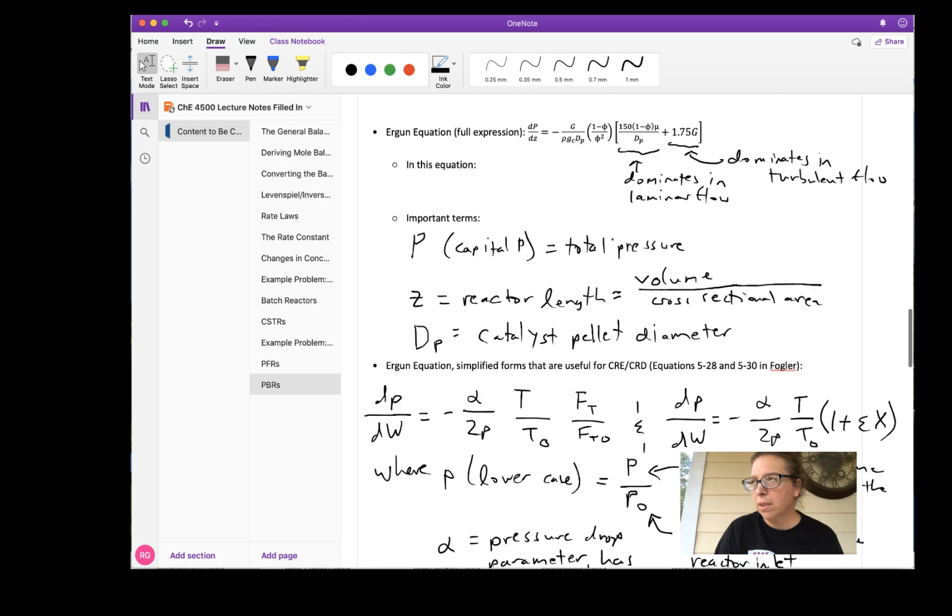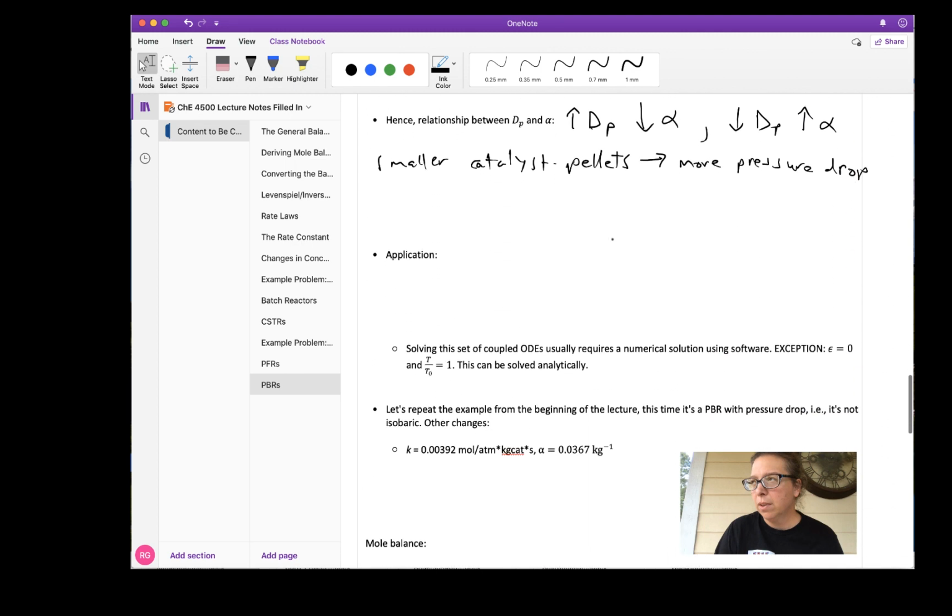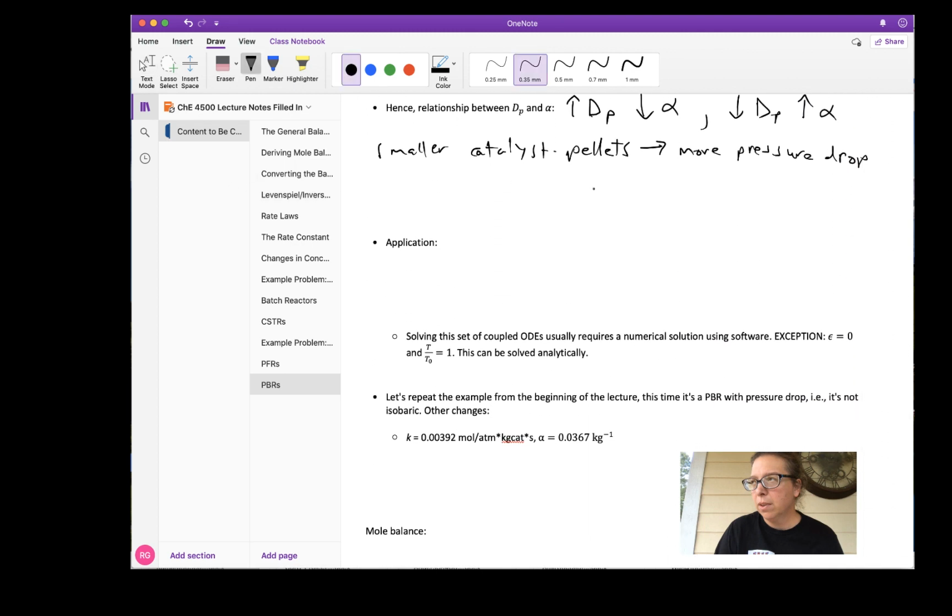We'll get into this later in the class. But for now, let's say smaller catalyst pellets mean more pressure drop.